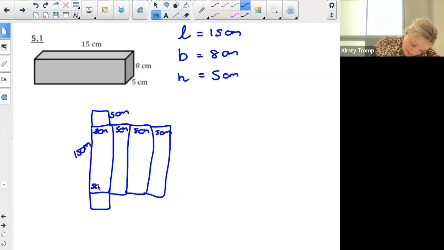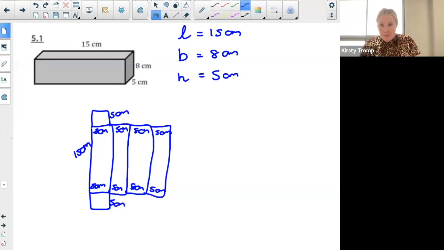This is 8 centimeters, and this is 5 centimeters, 5 centimeters, 8 centimeters, and 5 centimeters. Okay, so no, Amar, I didn't use a ruler. I just did a quick rough one very quickly.